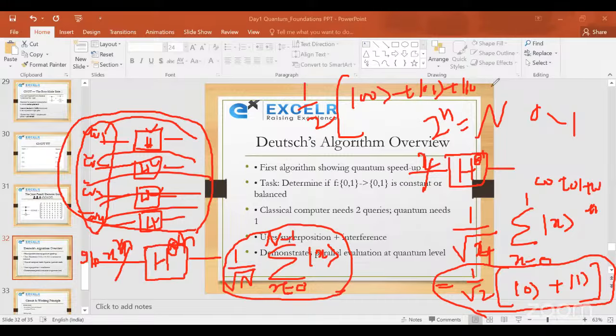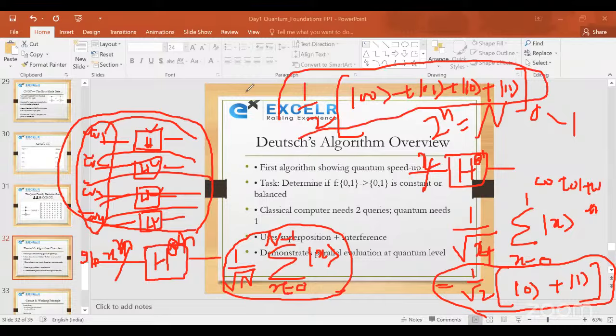So this depends on the number of orders, and we will have this superposition state. This will be the superposition state for n is equal to 2 like this. Okay, so we can go on like that.